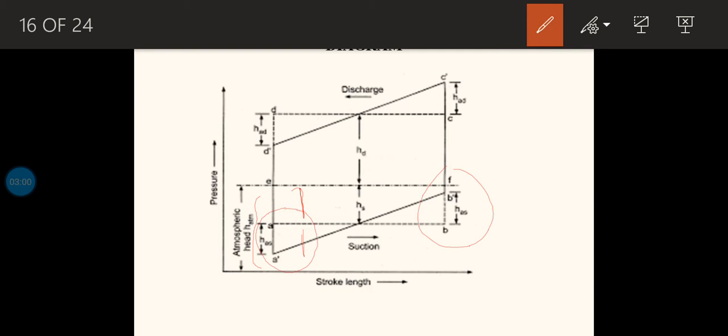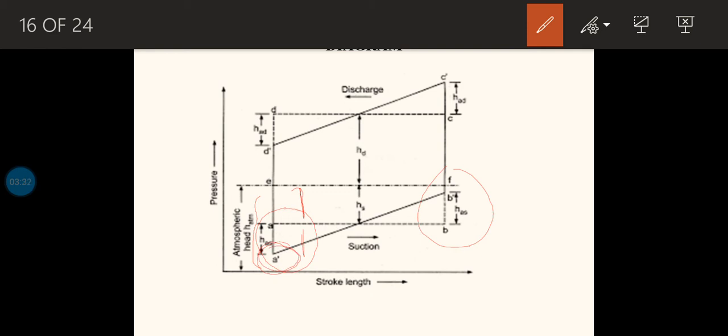This dotted line drawn through the center is the atmospheric pressure head line. As I told in the first presentation, the atmospheric pressure head is 10.3 meter of water. So if you subtract HS plus HAS from 10.3 meter of water, you get the pressure head inside the cylinder at the starting of the suction. This point is the starting of the suction.